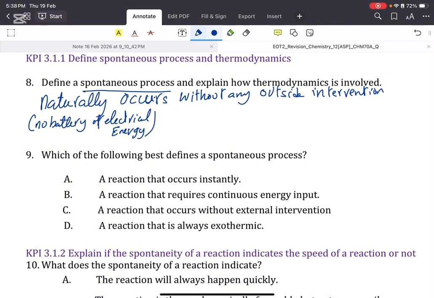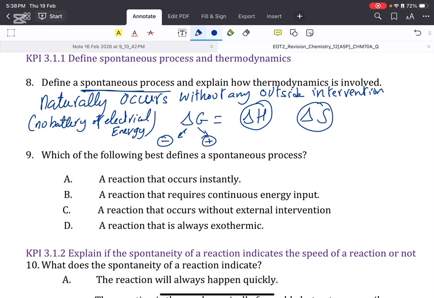Now, to say if a process is spontaneous or non-spontaneous, it depends on two factors: the enthalpy and the entropy. Based on enthalpy and entropy, we can know if a process is spontaneous if delta G is calculated and we got it as negative.